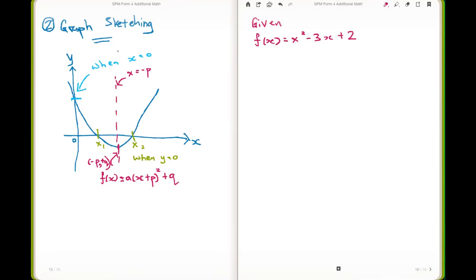First, to start with, no, the color is different, I try to make it match with color. It is when x equals to 0, because you need to find out what the y-intercept is. Simple. That's that. First step.